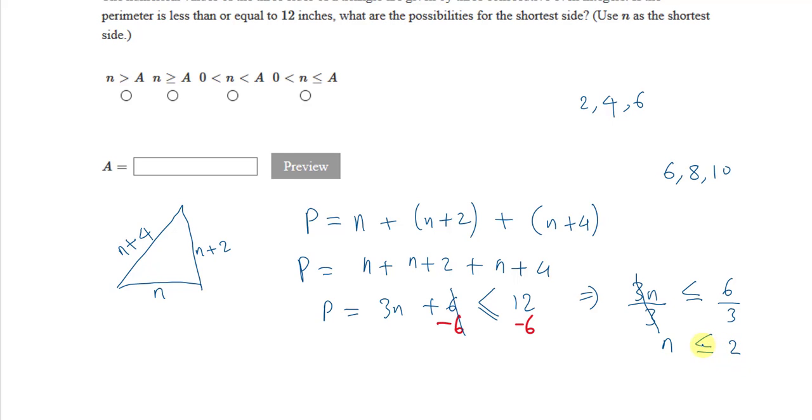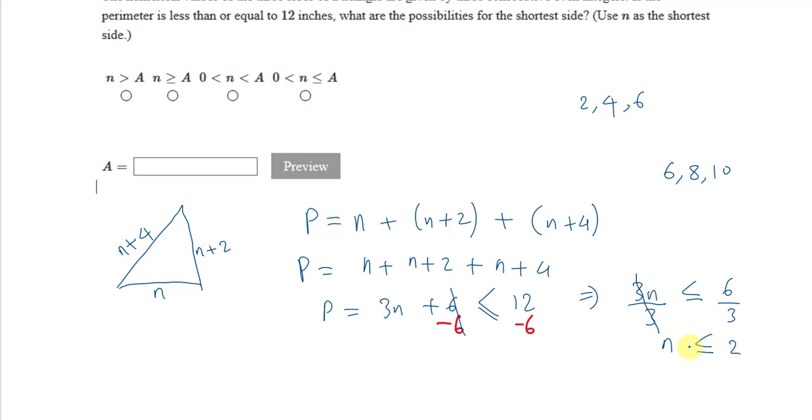Again, you cannot have n to be 0 because number 2 is already an even number. So let's say if we take number 2 as the shorter side. Now n is less than number 2. That means the only even number which is less than 2 is 0, and then minus 2 and so on.